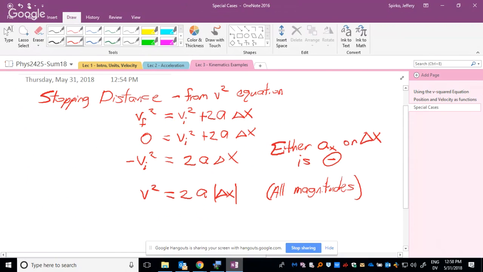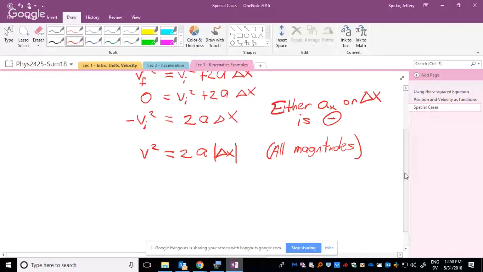And I run the equation for all magnitudes because I can think consciously and carefully about whether certain quantities are supposed to be plus or minus. I'm using the equation to find out the magnitude, the strength of the acceleration, or the strength of the delta x.